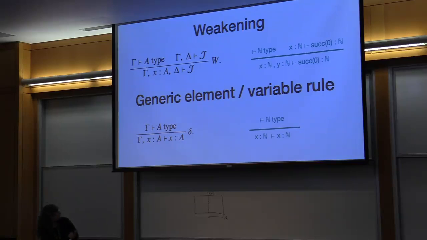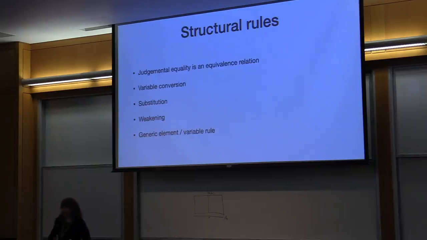Sorry, if gamma comma x colon A is well formed, this should be true anyway. But the point is that, if I have something from the context, it's like proving by assumption, right? I'm just using the assumption. Okay. And hopefully these are all of our structural rules. Yay! More rules are coming out, so don't worry.